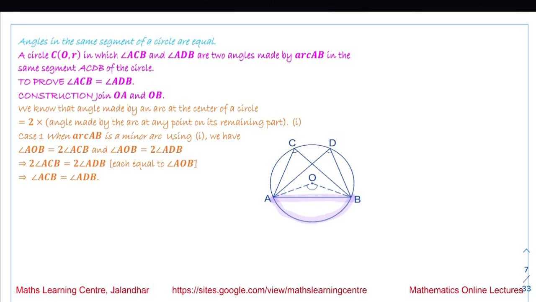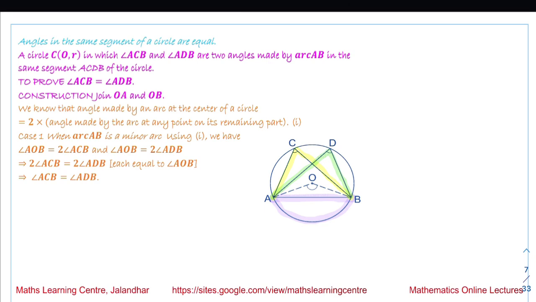In this upper segment of the circle, we have two angles corresponding to this chord AB. It is ACB, and the second angle we have is ADB. We have to prove that any two angles that we draw corresponding to this chord AB, or you can say arc AB, are equal.